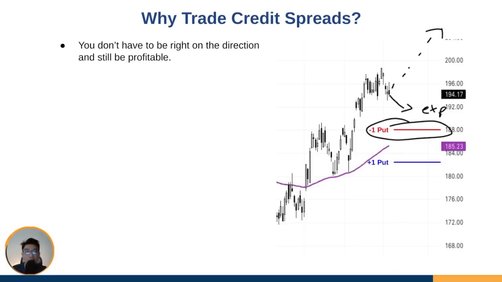So this is the edge you have compared to just outright trading where it's 50% short, or even just buying a long call, which is the worst way to get into a bullish trade, right? You definitely do not want to just go into a long out of the money call. So to be profitable on a credit spread, you don't necessarily have to be 100% right on the direction. You just have to not be severely wrong on the direction, right? You can still be wrong on the direction. Just make sure that you're not so wrong that it goes all the way past down there. All right. So this is the first reason.